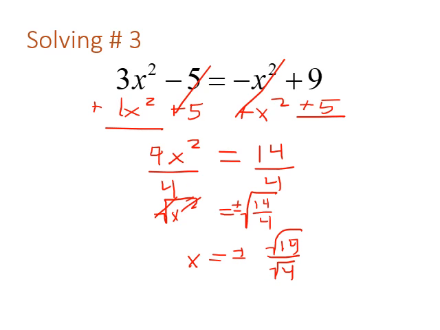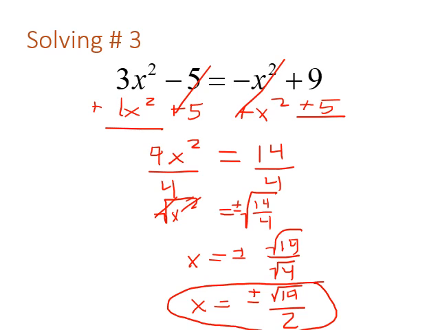If I were to have simplified that before, I would need to rationalize this denominator, but since the square root of 4 is a perfect square, that denominator will rationalize all on its own. So I get plus or minus root 14 over 2.